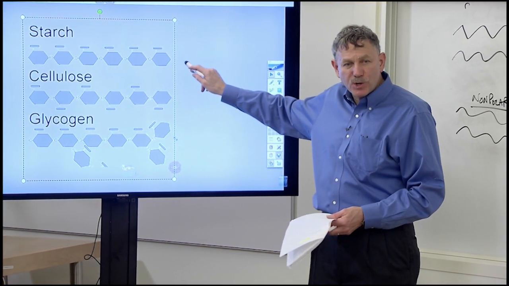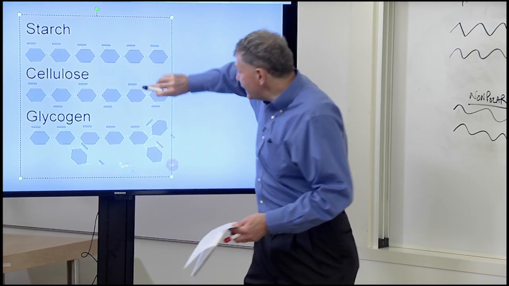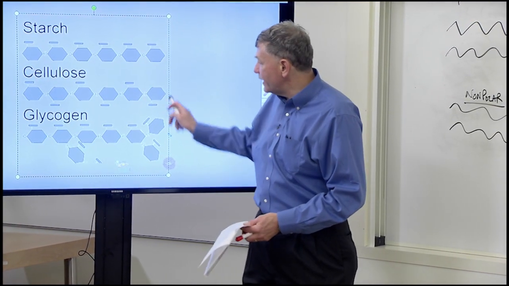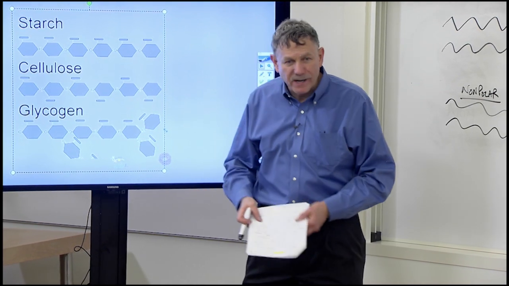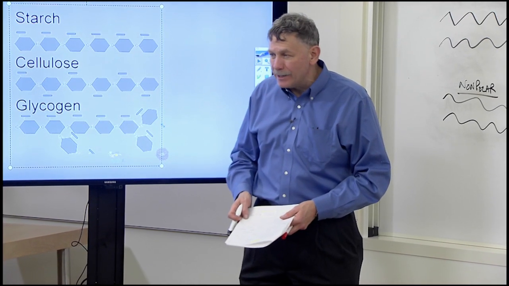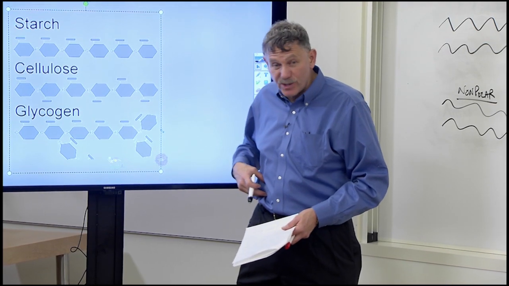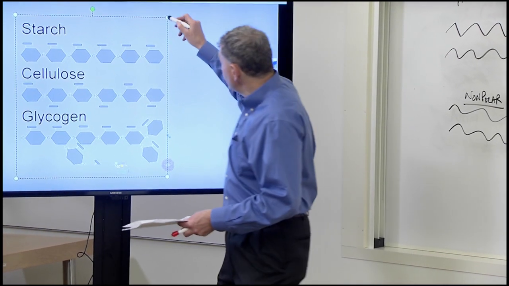You get starch molecules. Put them together in a different way, up, down, up, down, up, down, you get cellulose molecules. You put them together in branched ways, you get what's called glycogen, the way you store sugars in your liver.